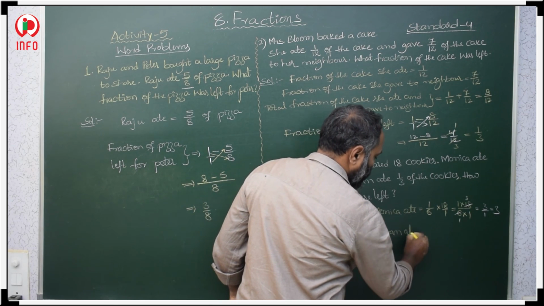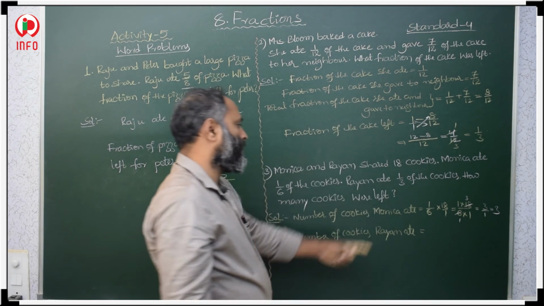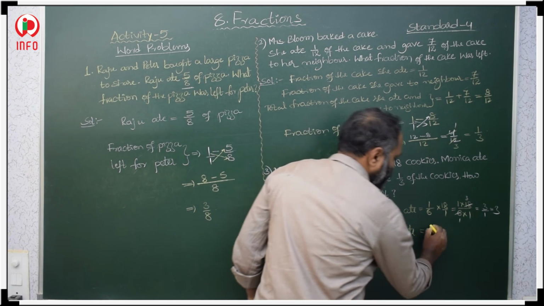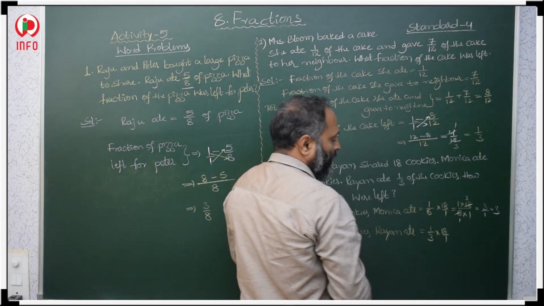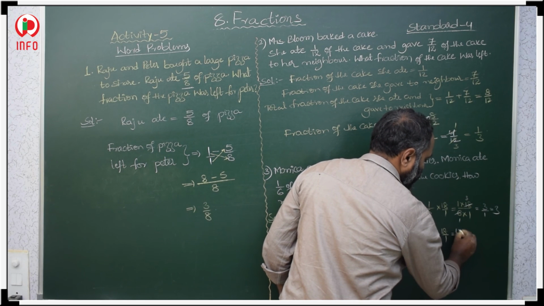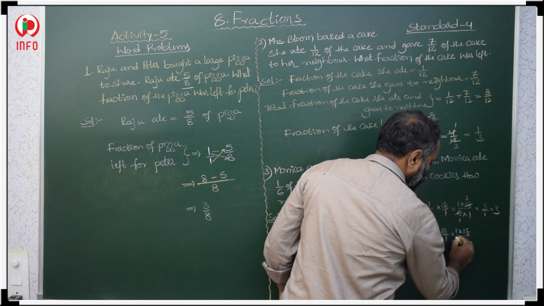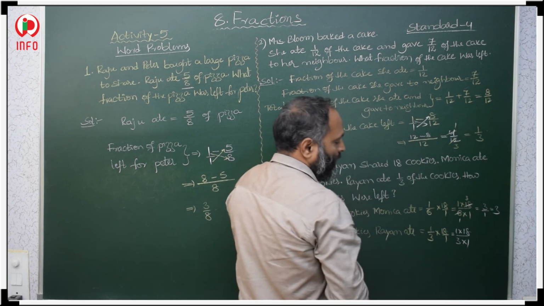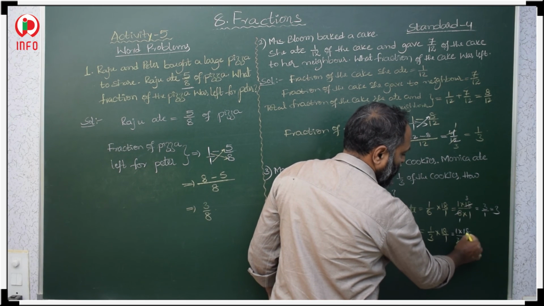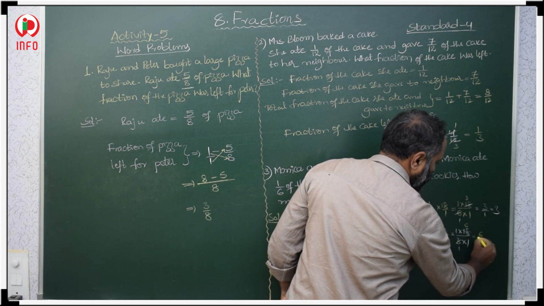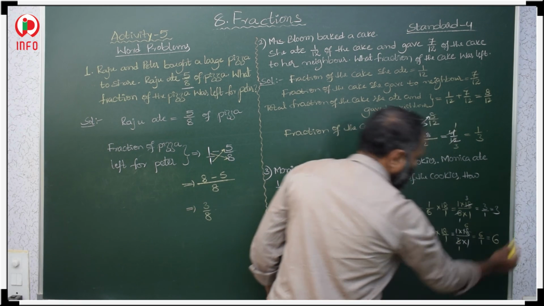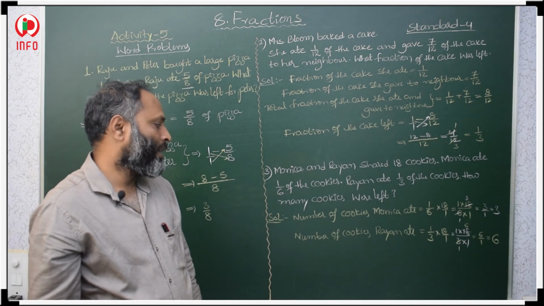That is 1/3. 1 by 3 times 18 by 1. Then 1 times 18 by 3 times 1. These cancel in the 3 table, 3 ones are 3, 3 sixes are 18. Then 6 by 1, 6 cookies he ate.